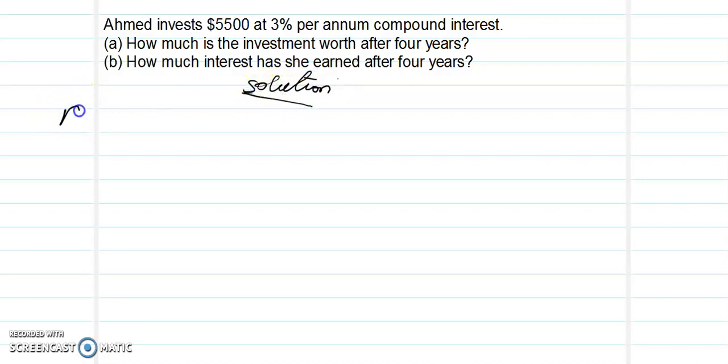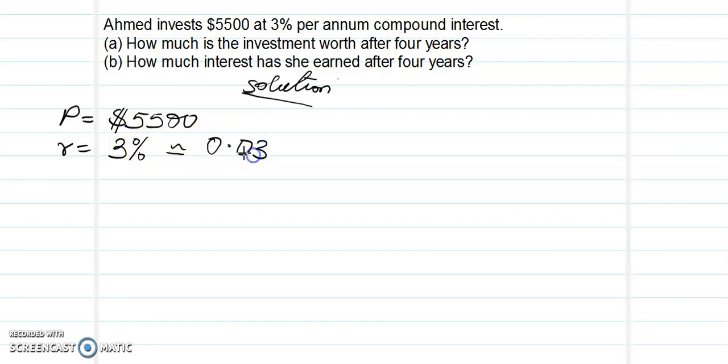Here we have that P, the principal, is 5,500. The rate is 3%, which I divide by 100. That gives us 0.03. And the time, N, is 4 years.